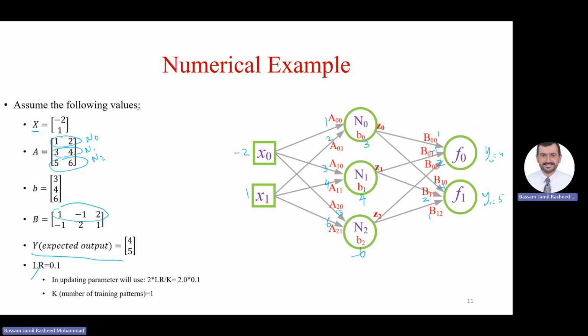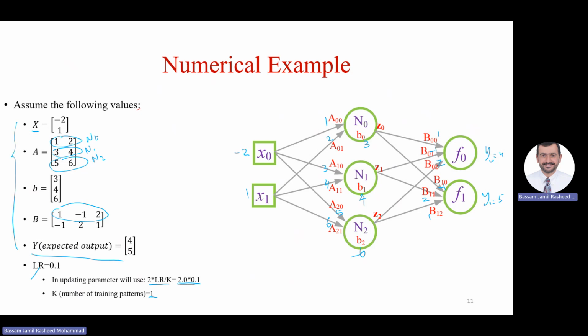This is how we update the parameter: the learning rate times this factor which is coming from the integration. With k number of training patterns, in this case we're going to assume just one training pattern, which is this one.